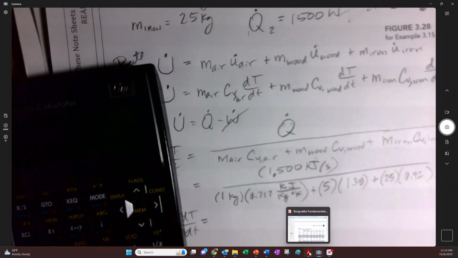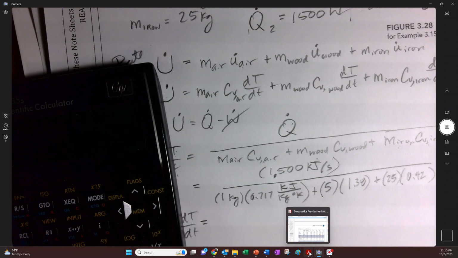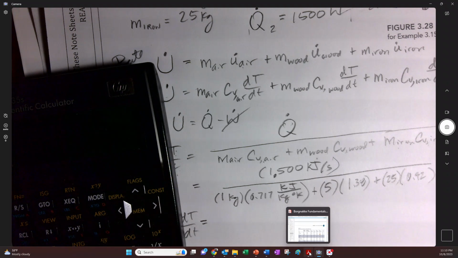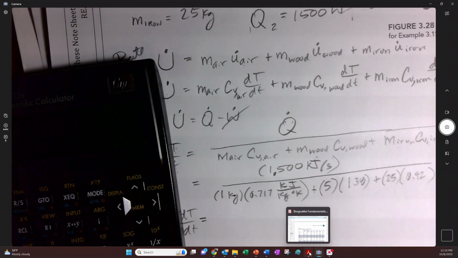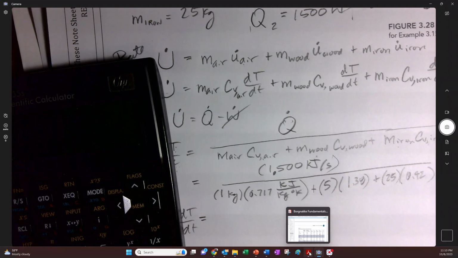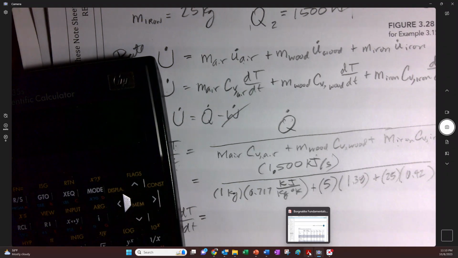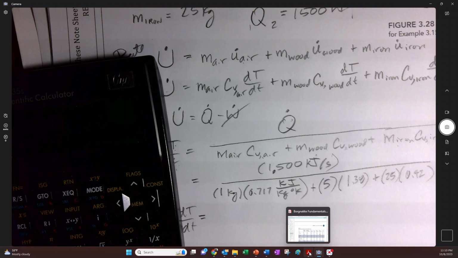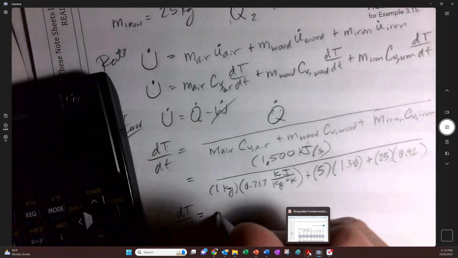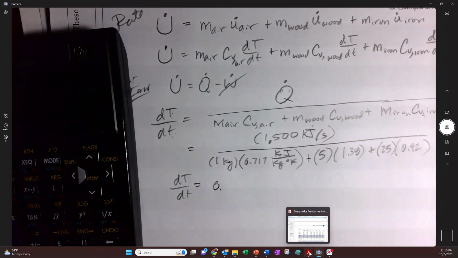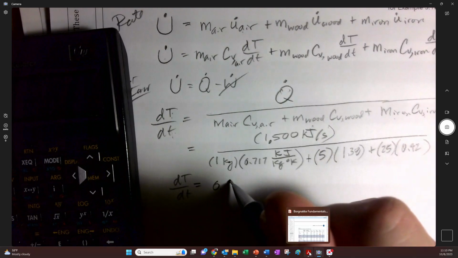We took 1.5 and did 0.717 times 1.38 plus 25 times 0.42, and then divided. Yeah, okay, I got it right. I could just trust myself, right? Just show a little trust.